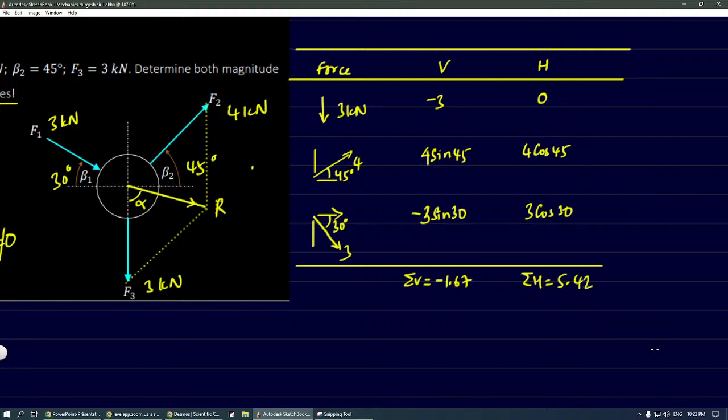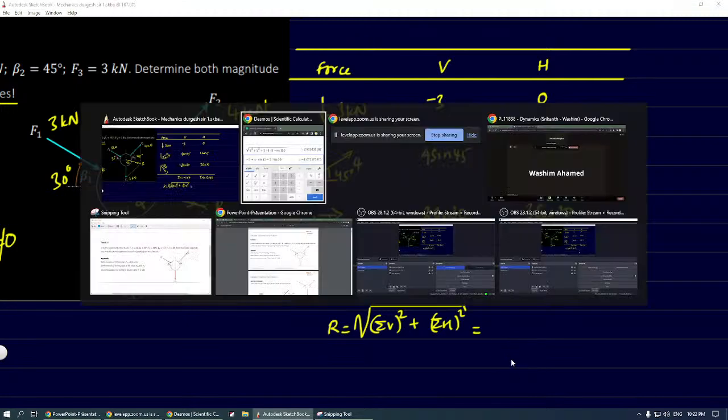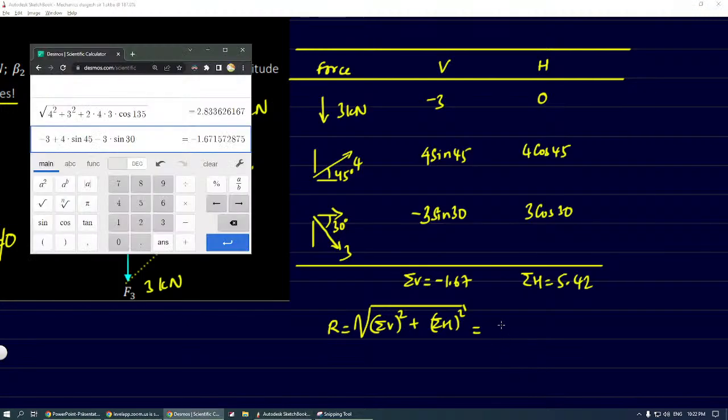So now that we have both of these, we can easily find the resultant. The resultant will be the square root of the square of this plus the square of the other. What do we get?